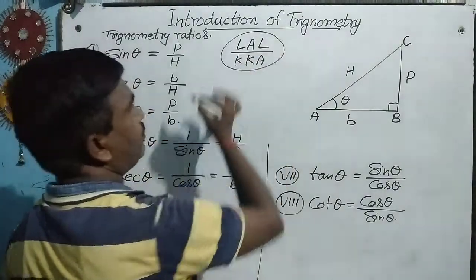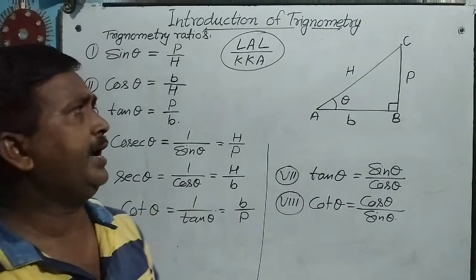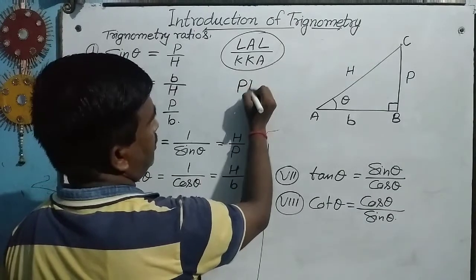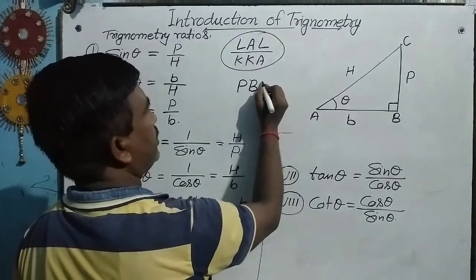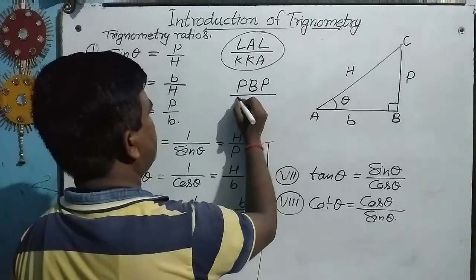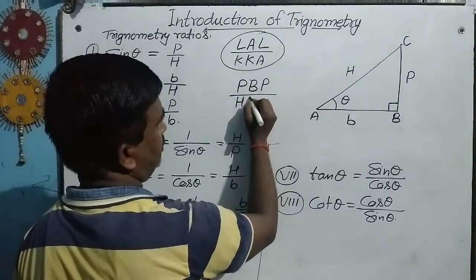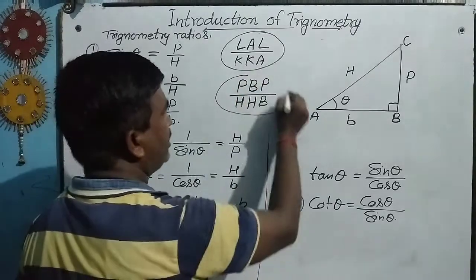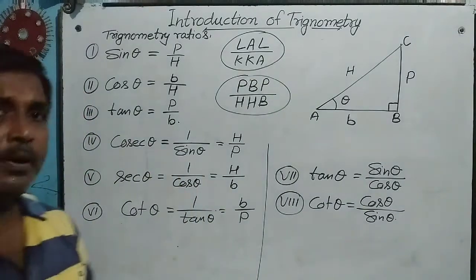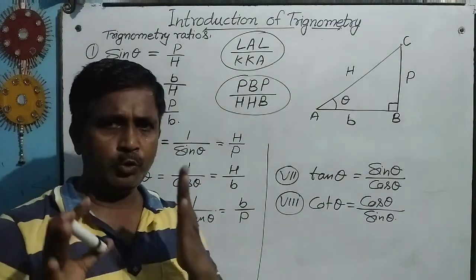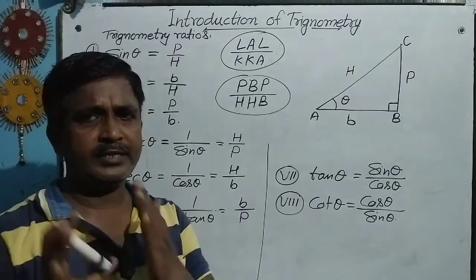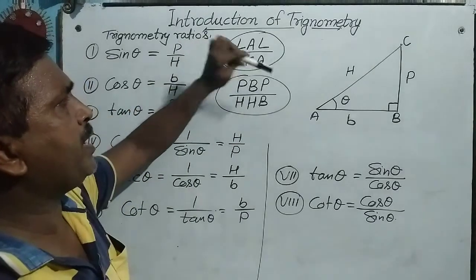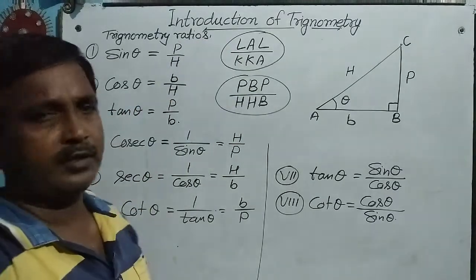For English medium: P upon B. For the simplest system, PBP, HHB.